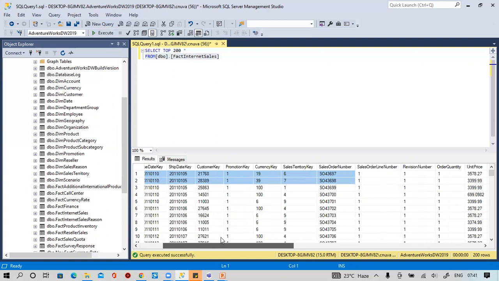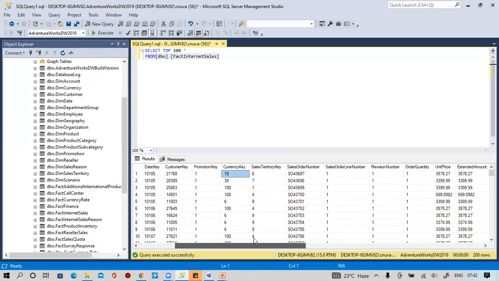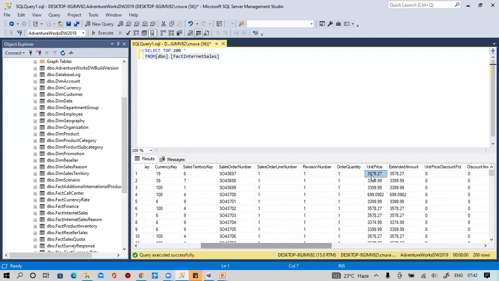To relate to our example, let's say this is the item ID, this is the customer ID, and this is the sale ID. Let's say Dussehra sale, Big Billion Days sale, and year-end sale, like that. This is the amount we paid to purchase one item.